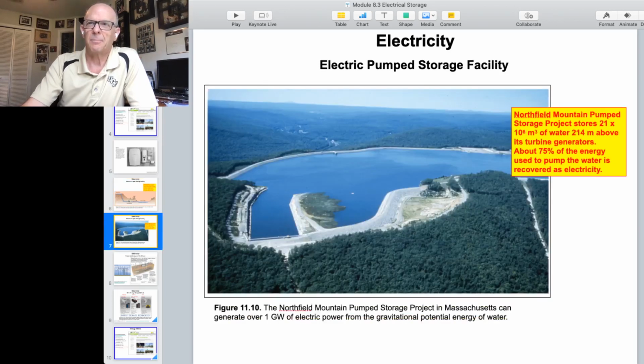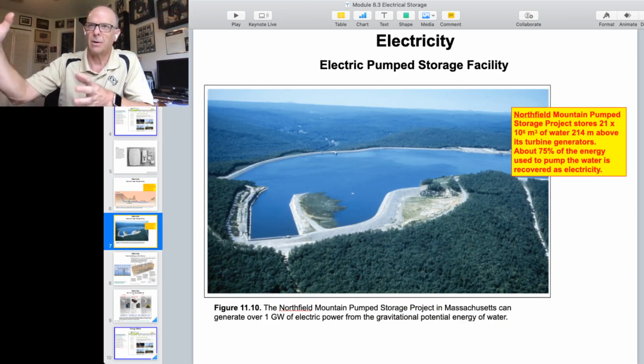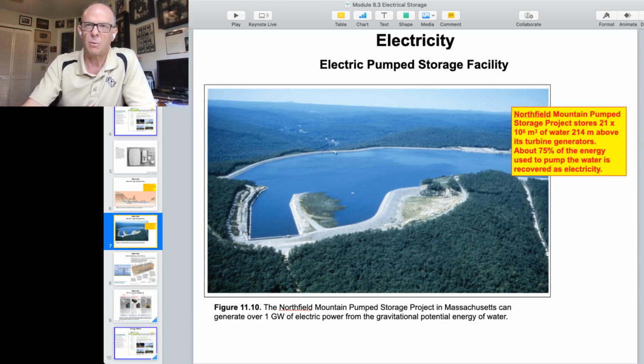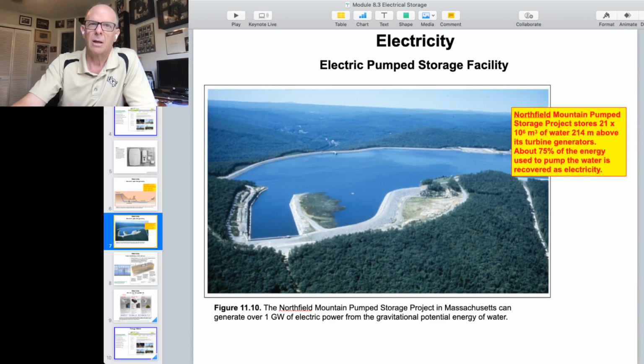It works beautifully, but the problem with it is you've got to have the right geography. You've got to have the water and the hill and the reservoir to do all that. But it's a very efficient way of storing huge amounts of energy, and can be used if the geography is appropriate.